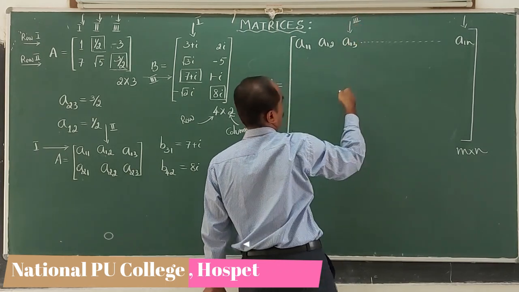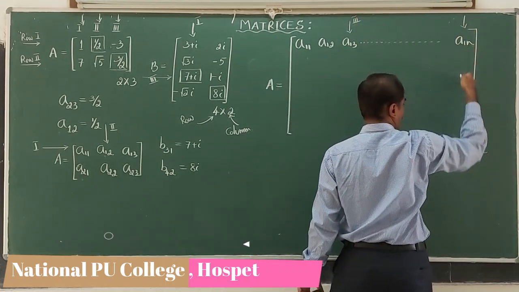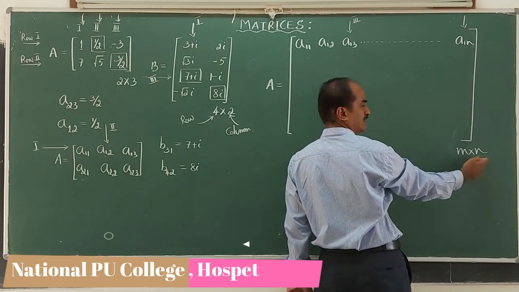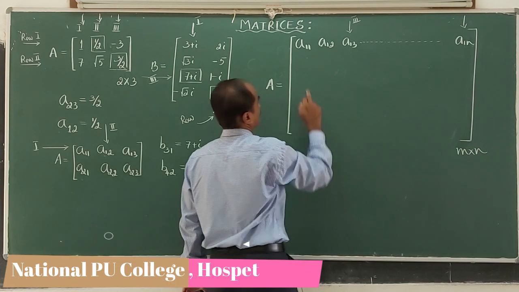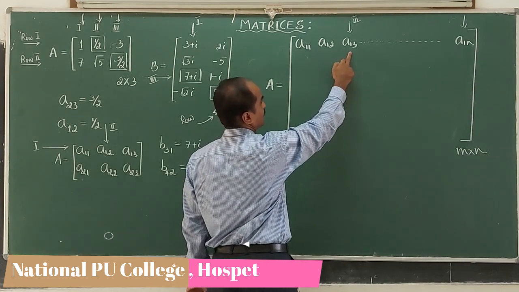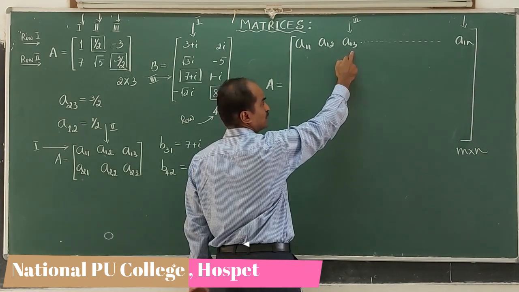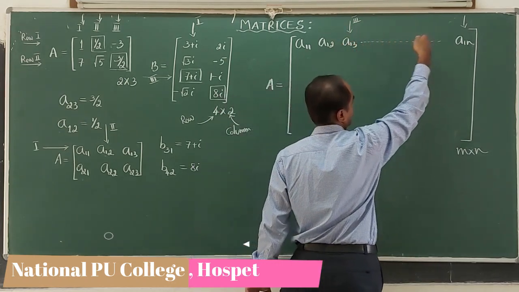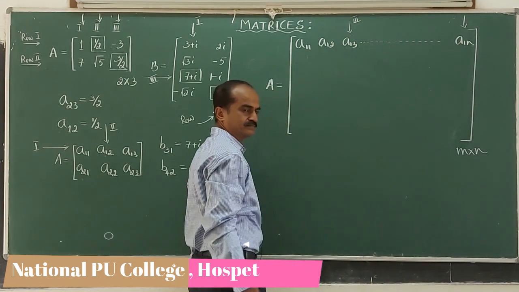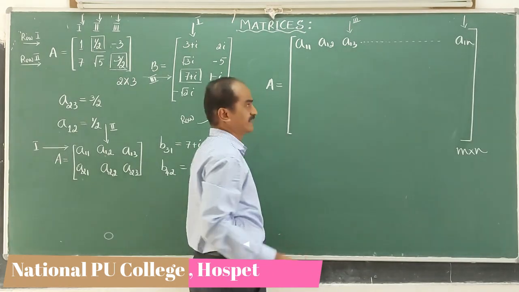This is third column. This is the last column. How many columns are there? N number of columns. This is nth column. A11, A12, A13, second suffix indicates column position. So it is present in third column. A14, A15, etc. A1n. Now let me write the second row elements.